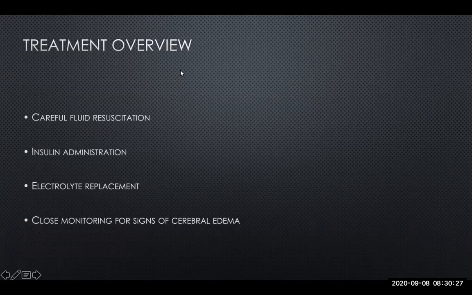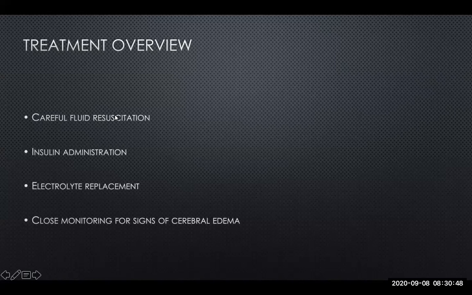So what is the treatment overview of this patient? The overall goal of the treatment of DKA is first to correct the dehydration. We need to correct the acidosis and reverse the ketosis.